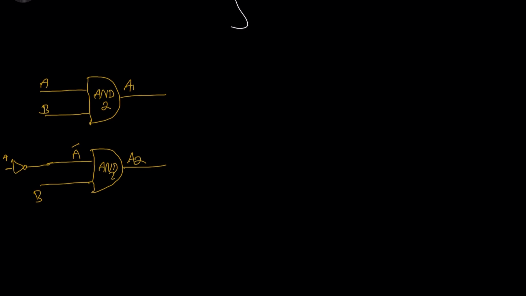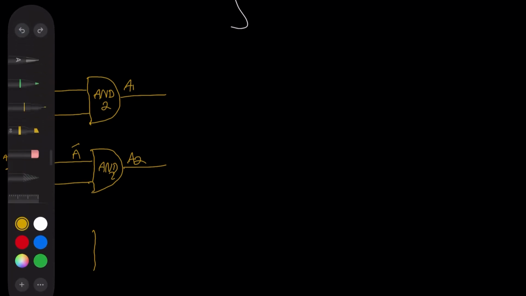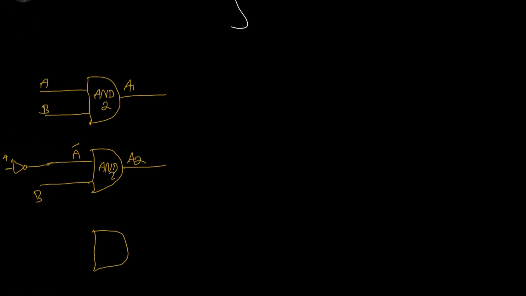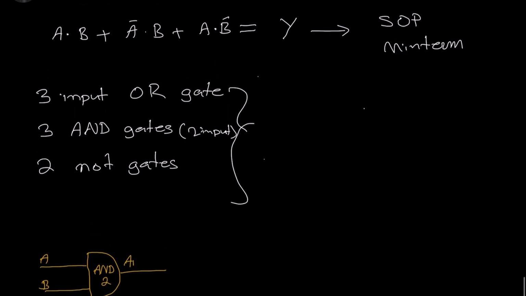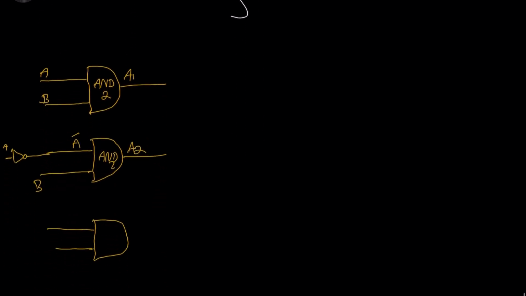Now the third logic AND gate is, that doesn't look like an AND gate. Okay, now it's better. So we still have 2 inputs here. Let's see, that's A, B not.